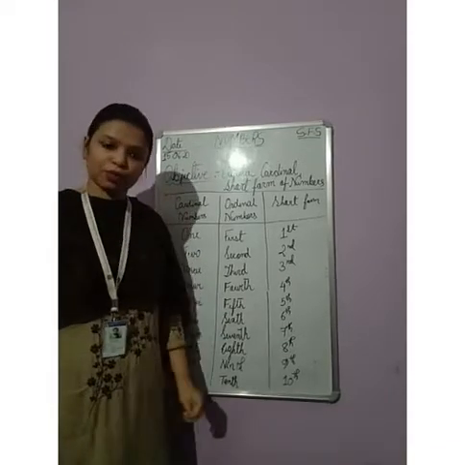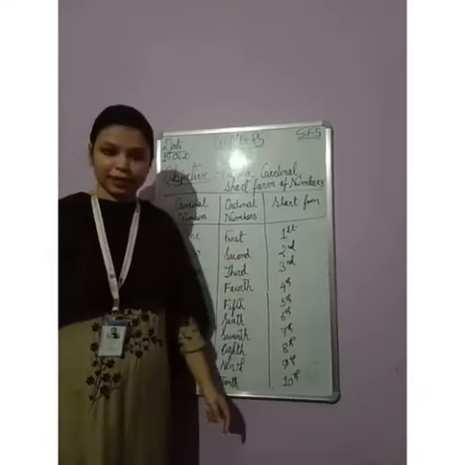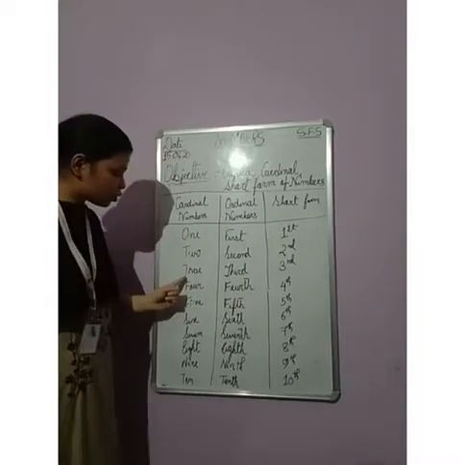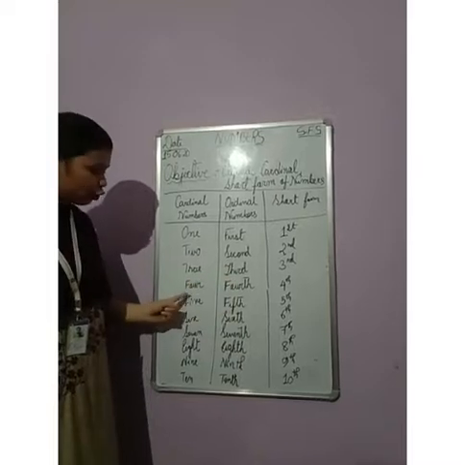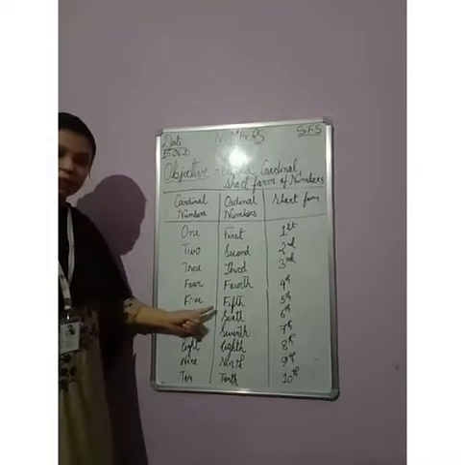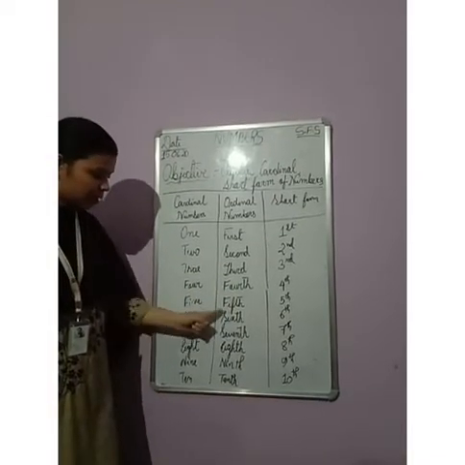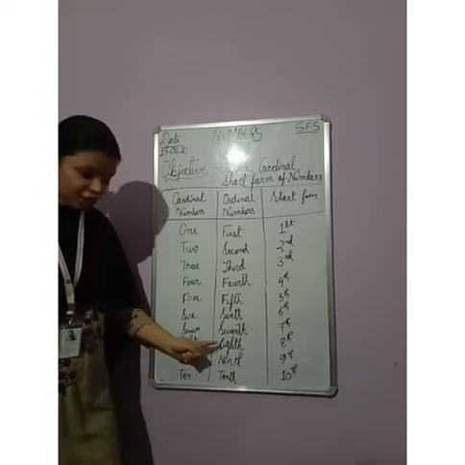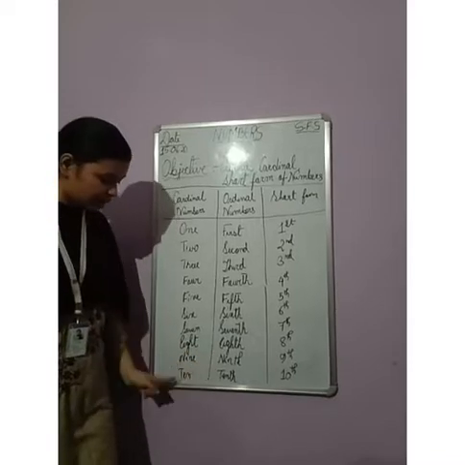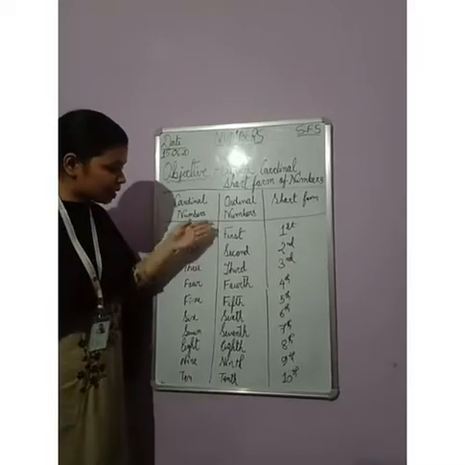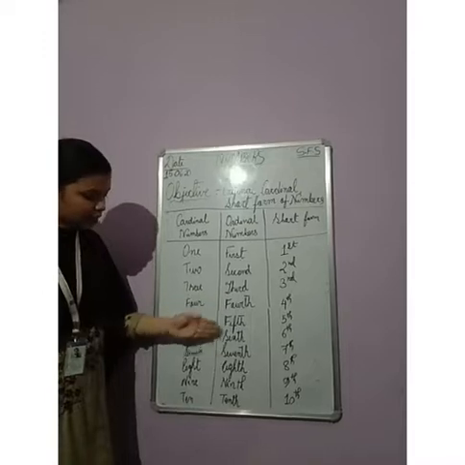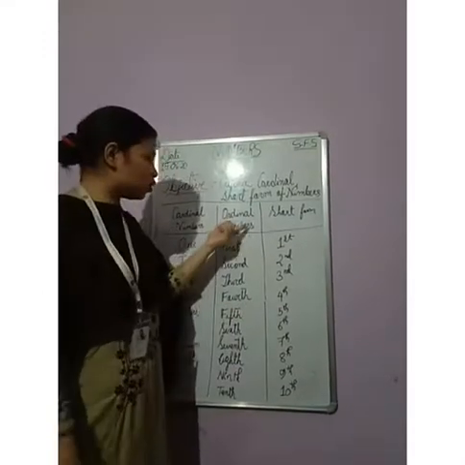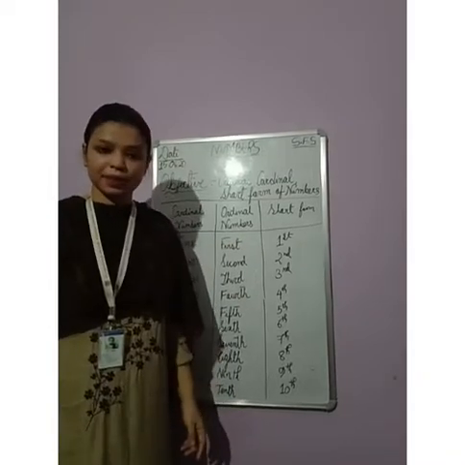The number 2 we can express as second, S-E-C-O-N-D. 3 becomes third, 4 becomes fourth, 5 becomes fifth, 6 becomes sixth, 7 becomes seventh, 8 becomes eighth, 9 becomes ninth and 10 becomes tenth. This way of expressing the number, first, second, third, fourth, fifth, sixth till tenth, is known as ordinal numbers.